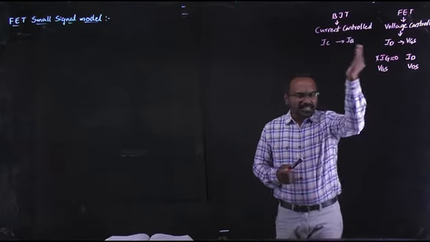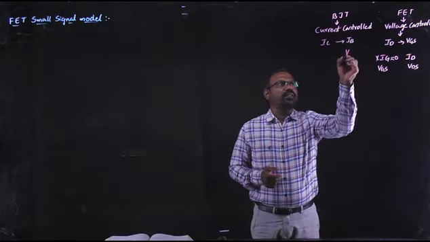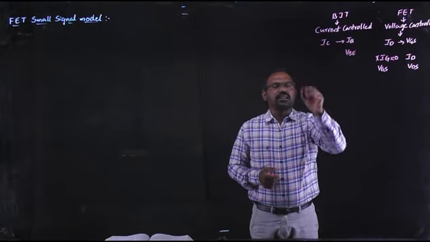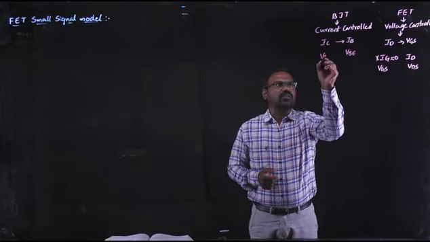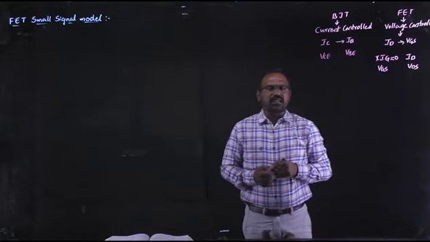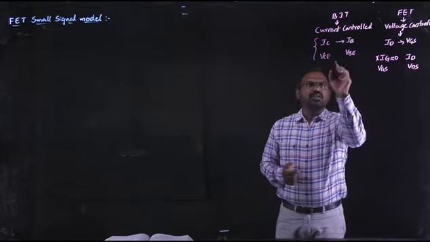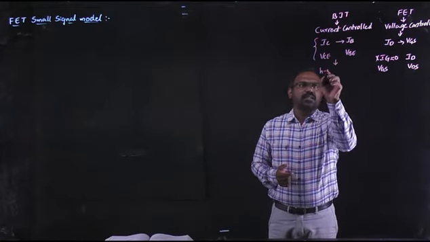But if you come to the BJT, the input current is IB, the input voltage is VBE, the output current is IC, the output voltage is VCE. So we established the relationships among these four parameters using the H parameter model.